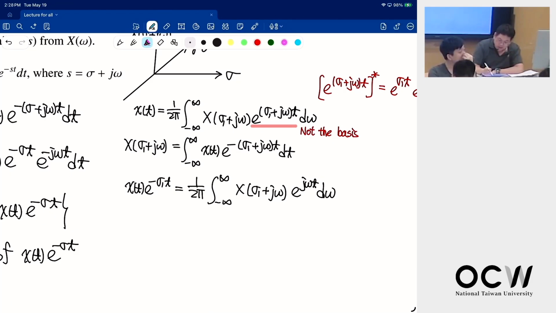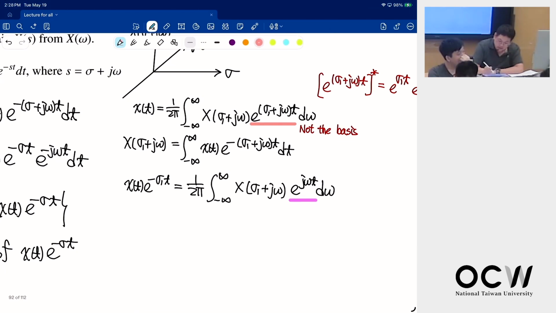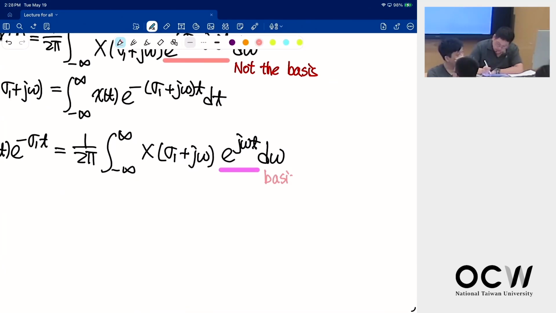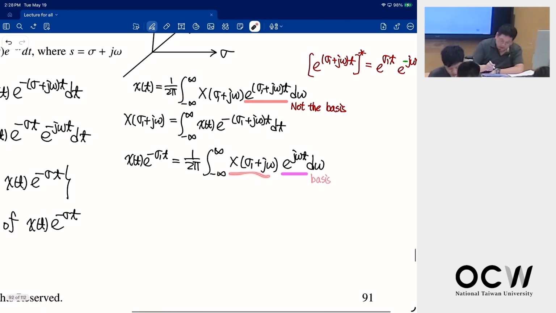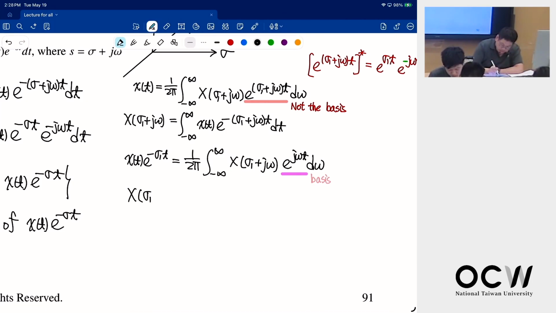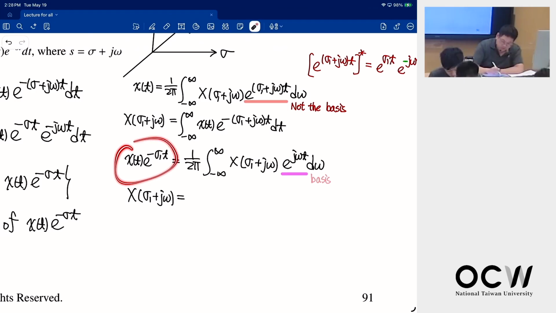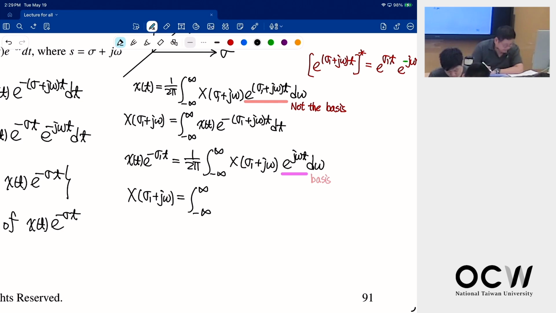In this case, this term is now a basis, which means that to get the coefficient X of sigma 1 plus j omega, it is your signal x times e to the minus sigma 1 t in the product with the basis, and here we need the conjugation, so minus j omega t.